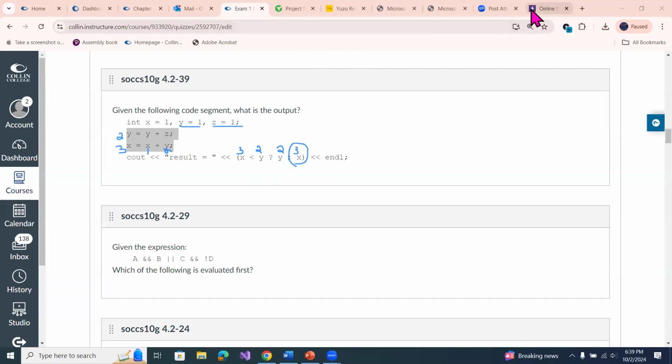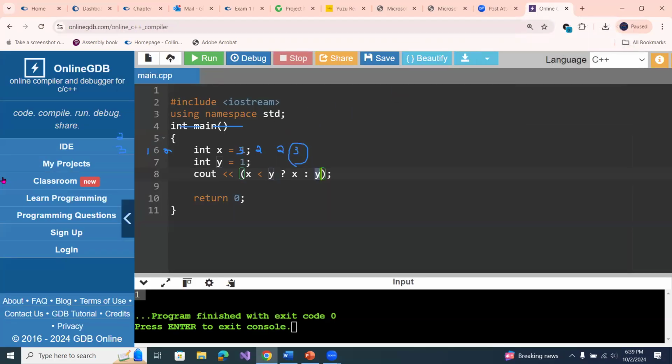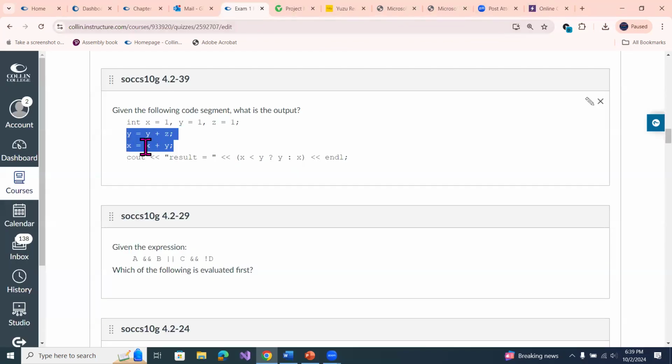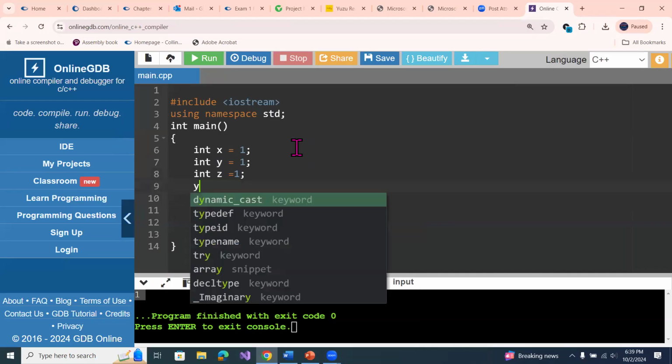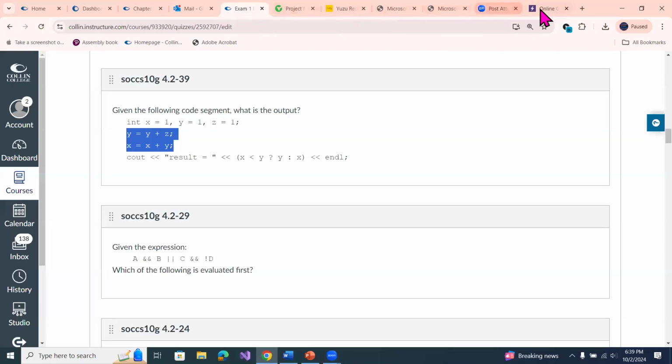So let's do that over here. And then it said x equals x plus y. y equals y plus z.